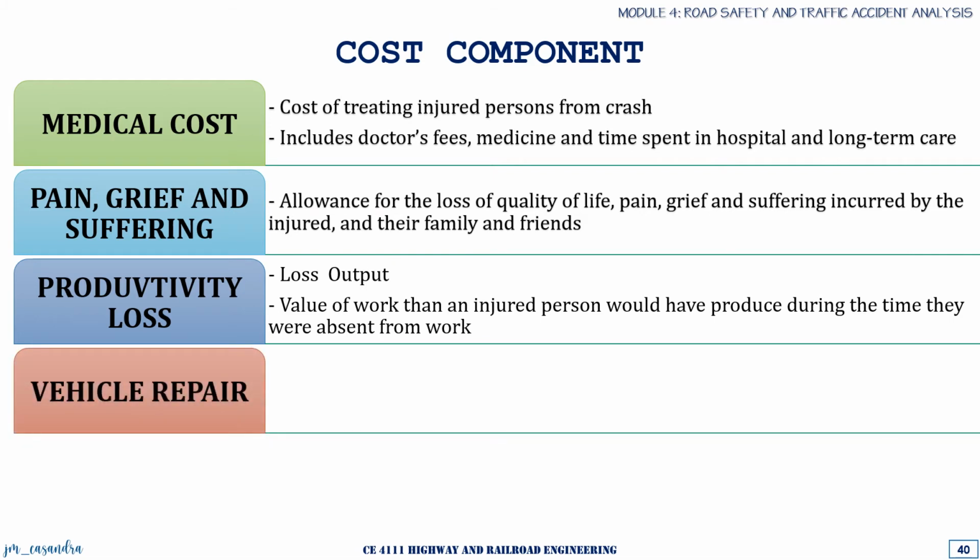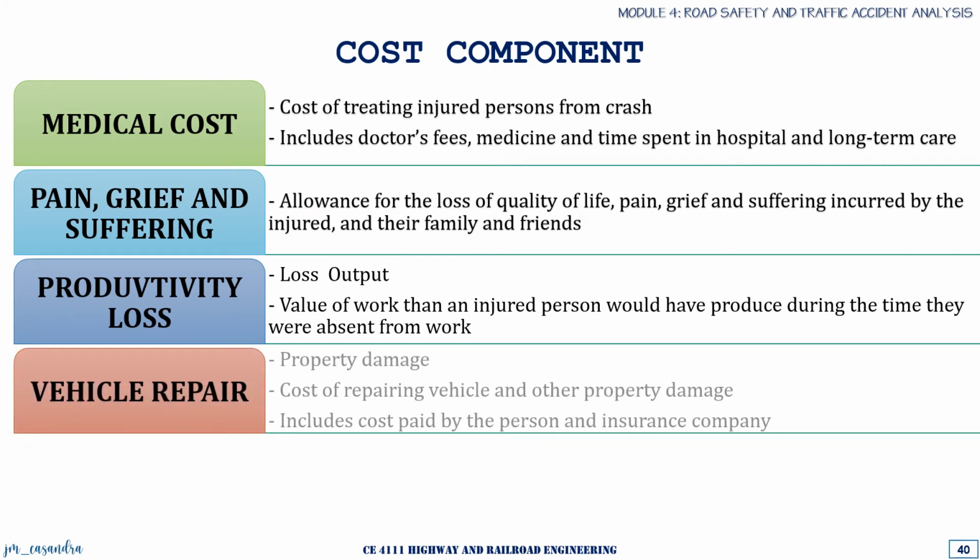Next, we have vehicle repair, which is also known as property damage, the cost of repairing the vehicle and other property damage. So this would include costs paid by the person and by the insurance company.